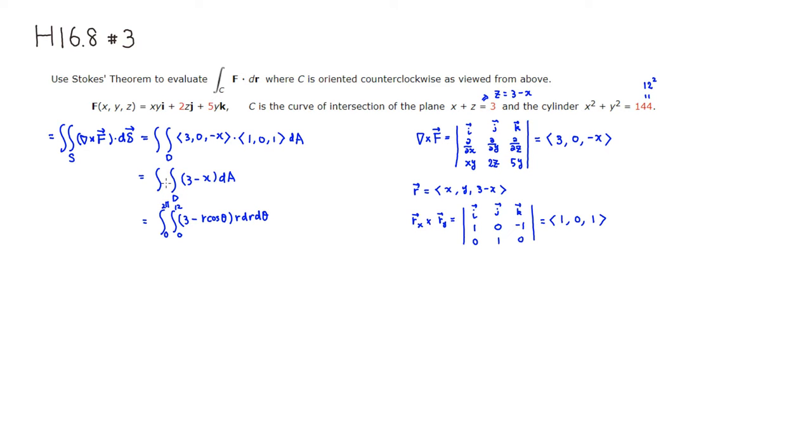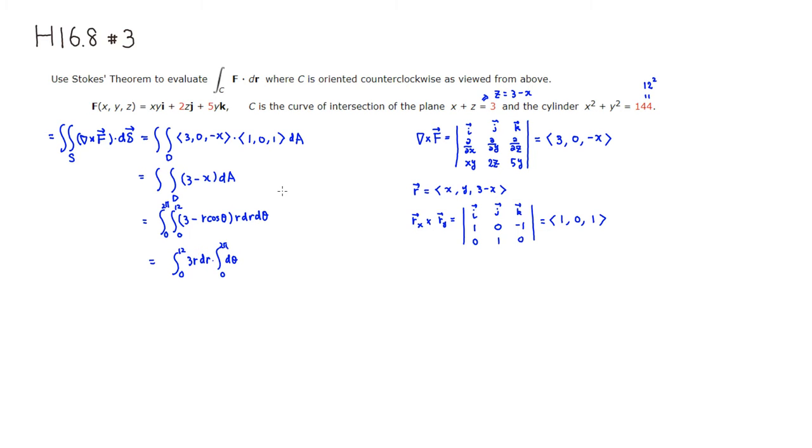The 3r has nothing to do with theta, so I'm going to separate that: integral from 0 to 12 of 3r dr, times the integral from 0 to 2 pi of d theta.